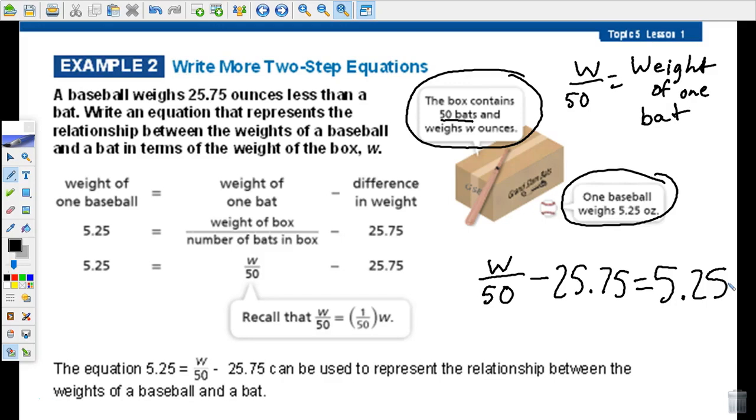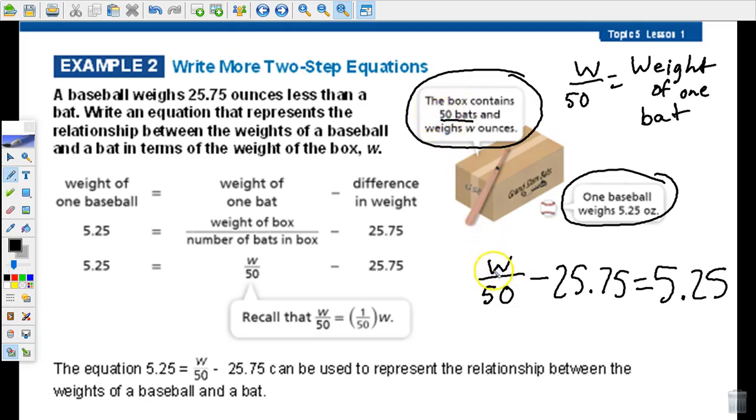So I'm going to go through it one more time. We have to find the weight of a baseball bat, and we take the weight of the box carrying 50 bats, W, and divide it by the amount of bats in the box, which is 50.